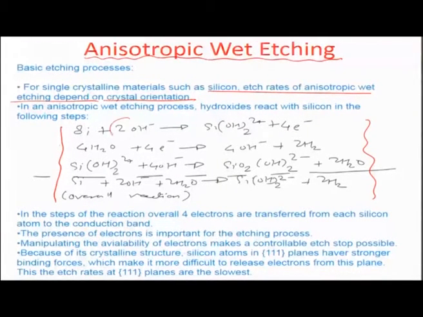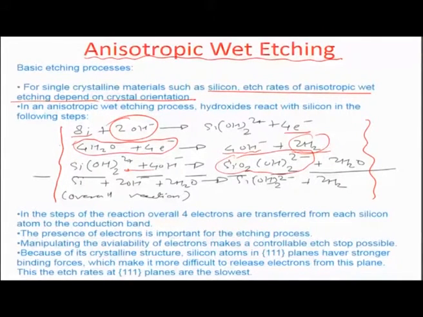For example, hydroxide having the OH minus reacts with the silicon atom giving 4 electrons, and then again the water in the medium in which the hydroxides are dissolved gets electrolyzed and converts into more OH minus ions and hydrogen, and these OH minus ions again participate in the process, finally making SiO2(OH)2 2 minus and 2H2O, which comes out into the solution as an ion and can be taken off.